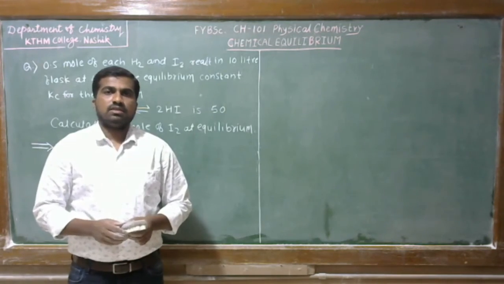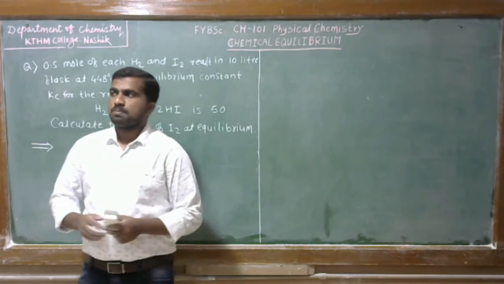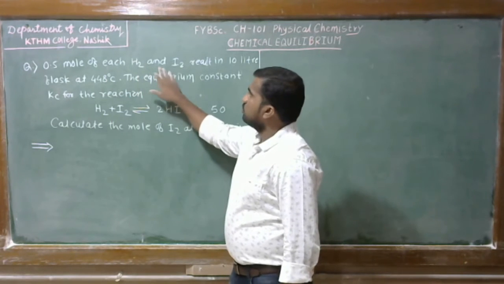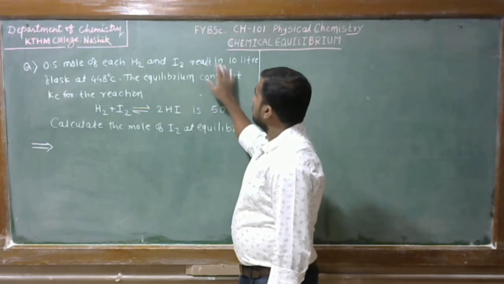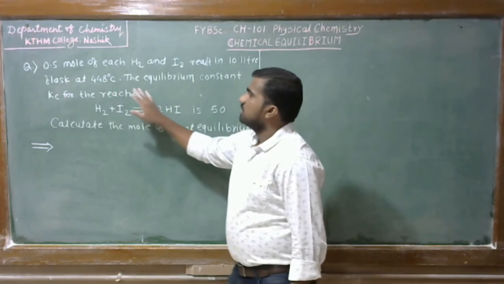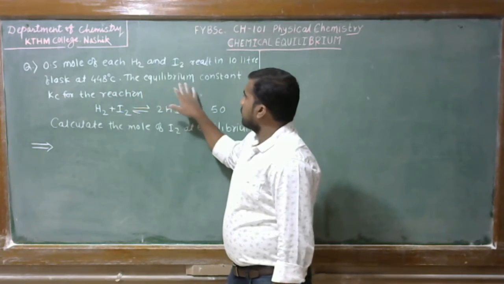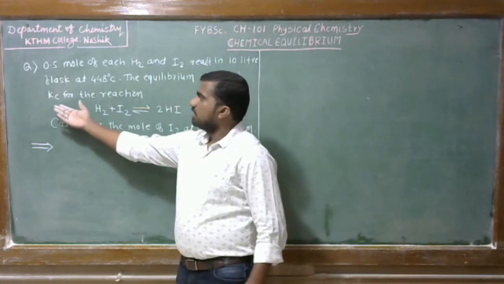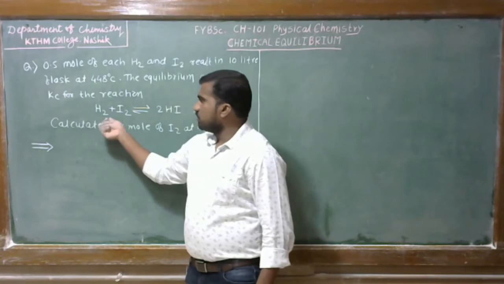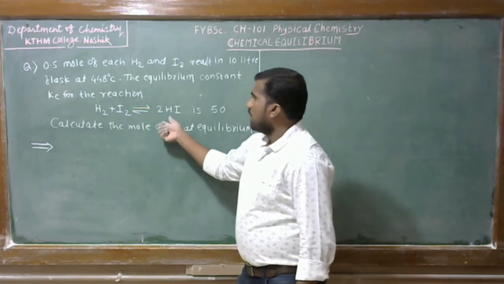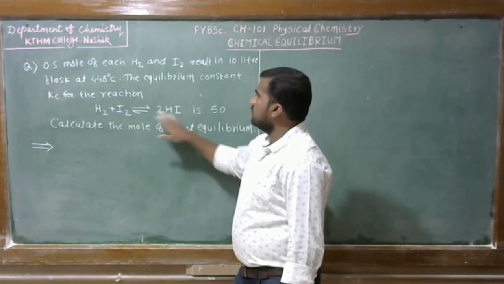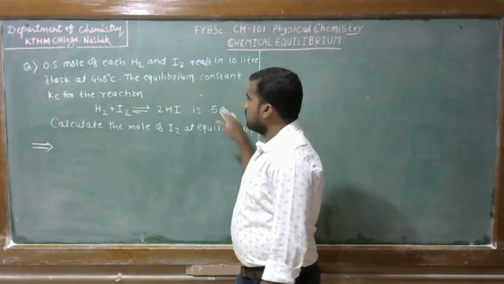Now let us see the second problem. So the problem is: 0.5 mole of each H2 and I2 react in a 10 liter flask at 448 degree Celsius. The equilibrium constant, that is Kc, for the reaction: H2 reacts with I2 to form 2 moles of HI, and the equilibrium constant for this reaction is 50.